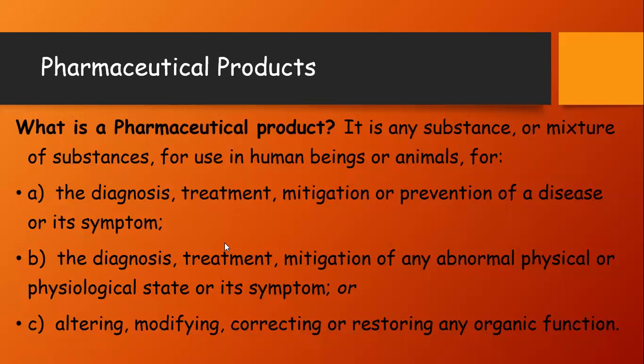When we say pharmaceutical product, we are talking about products that are produced at a pharmaceutical company. All pharmaceutical products are meant for human or animal use, for living organisms. So they are meant to treat disease, eradicate symptoms, and so on and so forth.